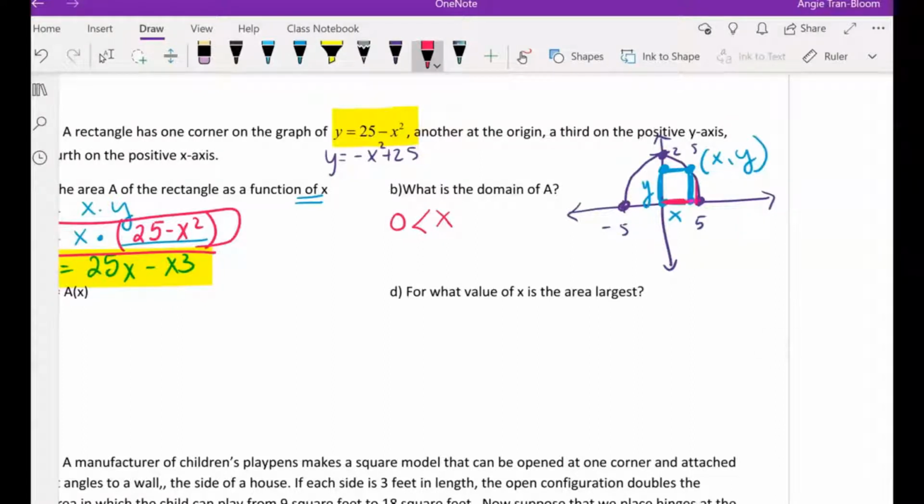Well, the largest base I can make, it has to be no more than 5, so non-inclusive 5. Why 5? Well, the reason it has to be 5 is because this rectangle is inscribed inside of this parabola. So it cannot go any further than the x-intercept.